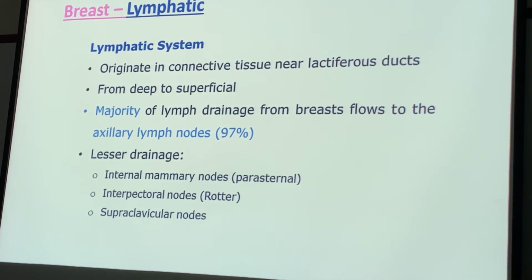But lymphatic drainage, 97% of it flows to the axillary lymph nodes. Remember I said you have a big cluster of lymph nodes in the axilla, you have a big cluster in the neck, you have another big cluster of lymph nodes in the groin.